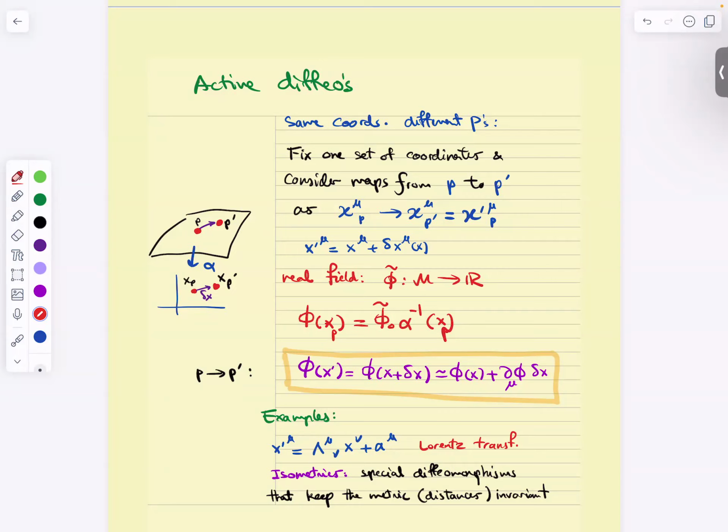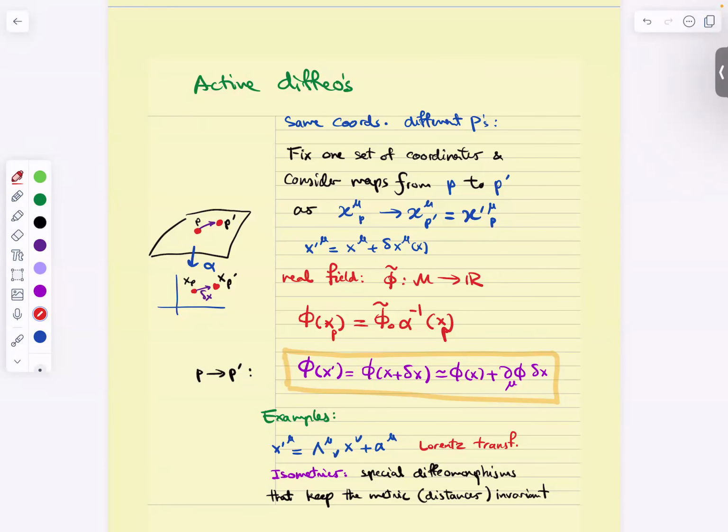Now phi is a function. So now you see P going to P prime corresponds to x_P going to x_P prime, which corresponds to some delta x. Now you could talk about how phi changes under delta of x. It's a function. That's what you do.